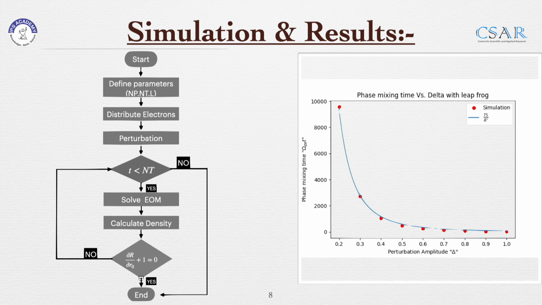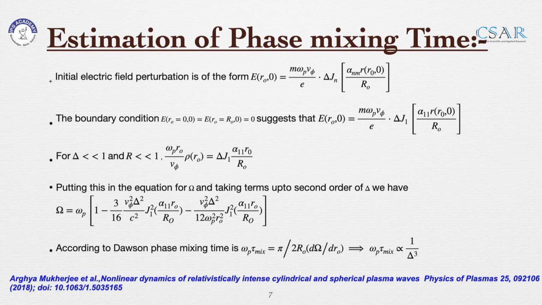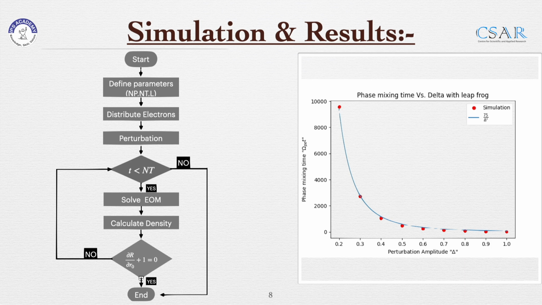From that we found that the phase mixing time is inversely proportional to the cube of the amplitude of the perturbation. To make sure that this actually occurs, we did a simulation, and through that we verified that the phase mixing time depends on the inverse of the cube of the amplitude.